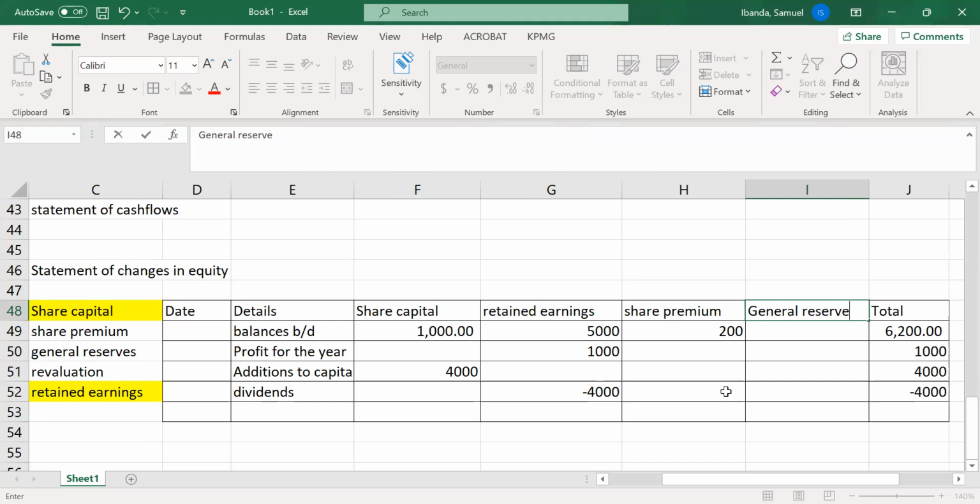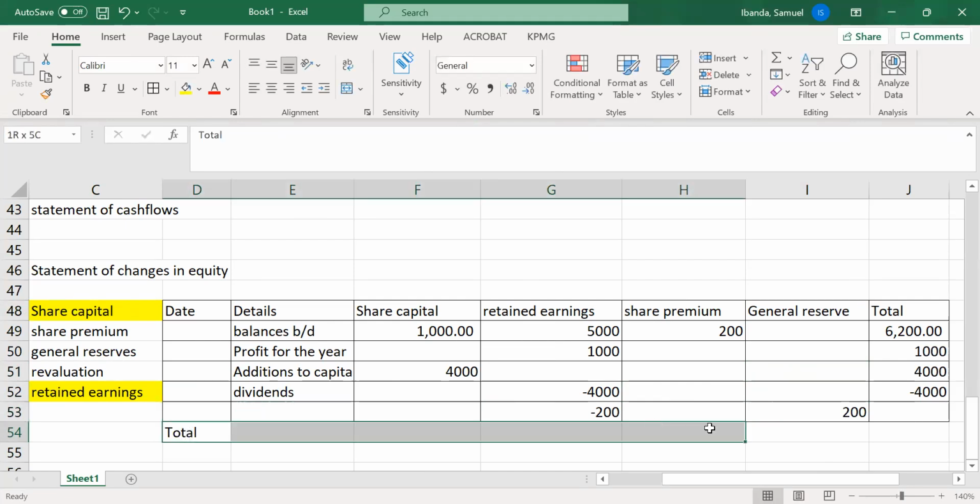Now, transfers that go to the general reserve come from where? They come from the profits again. So a negative 200 can be from here, and then a positive 200 will go here under your general reserve. So you can have such cases. And then the last thing you usually have as the last column is total, which adds up each of the columns.